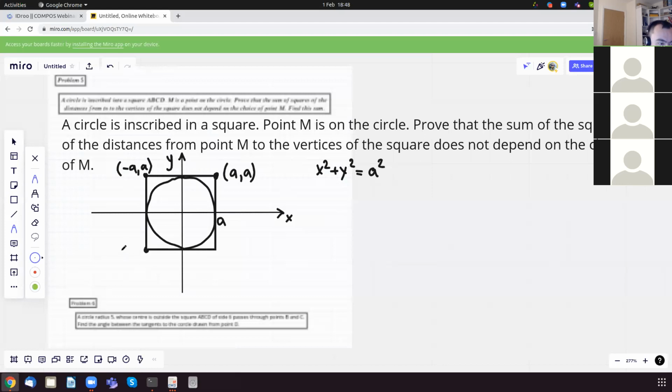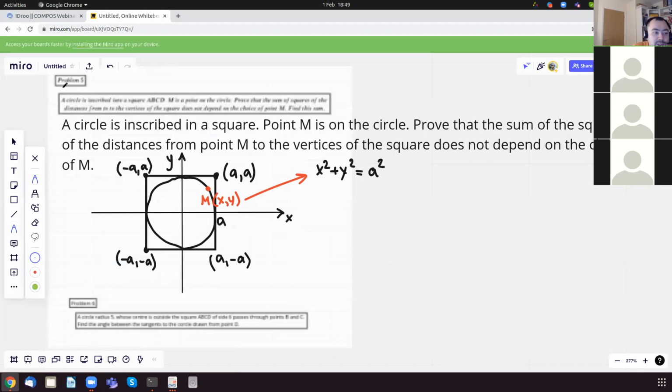This point (-a, -a). And this point is (a, -a). There's a point M on the circle, and let's say the coordinates are (x, y). And of course, we know that the coordinates of M satisfy this equation. We just keep this in the back of our heads.